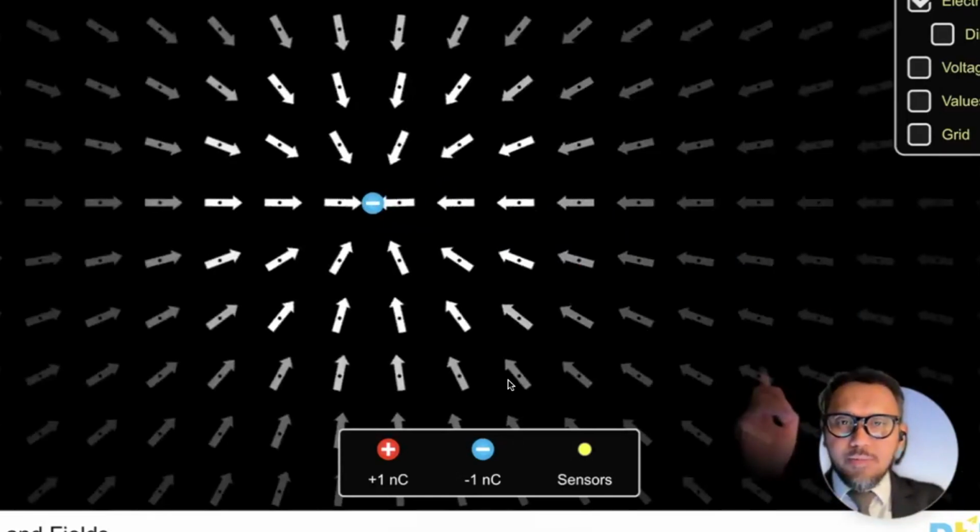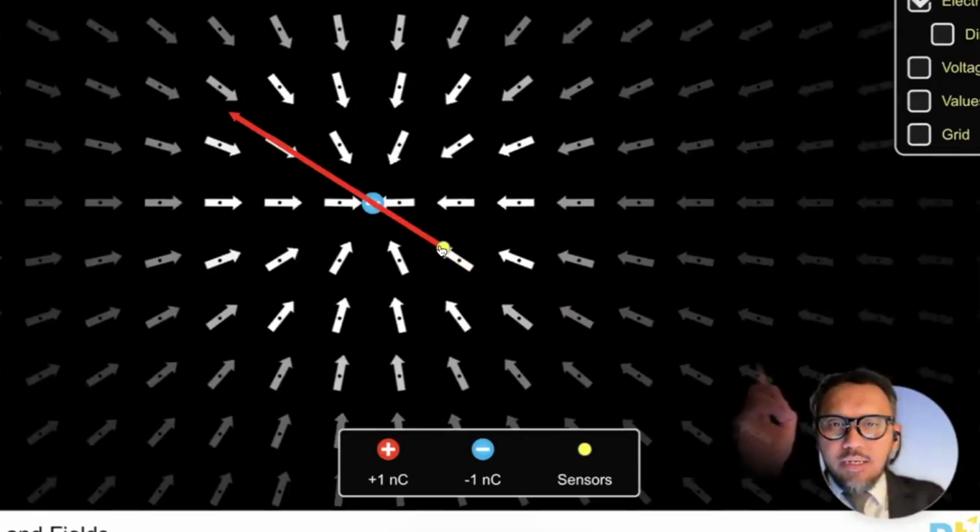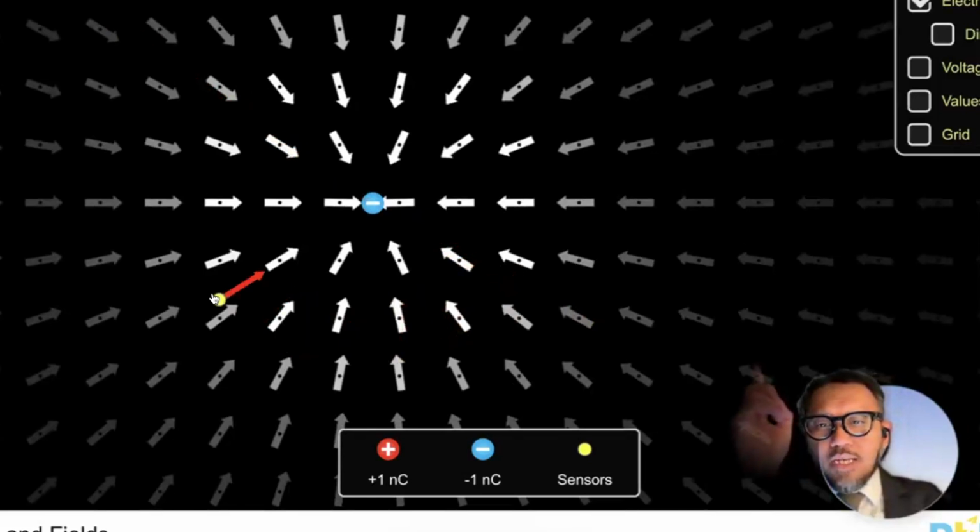Okay, and then if we place a test charge, depending on how far we place the test charge, the force that the test charge experiences varies.